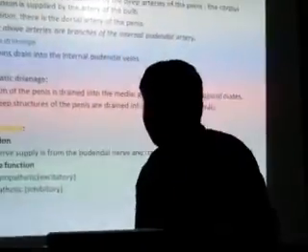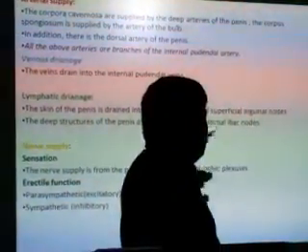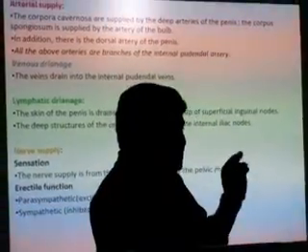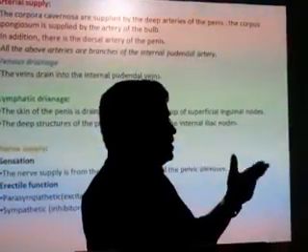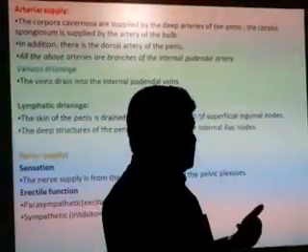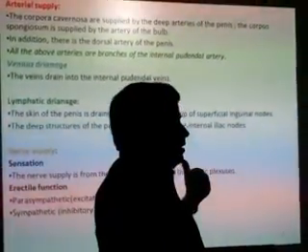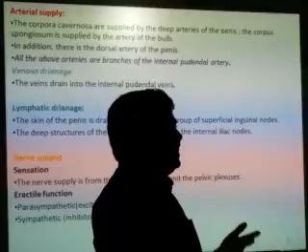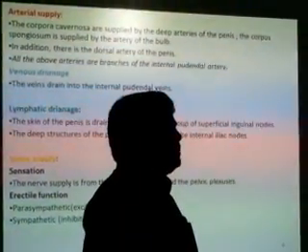And the lymphatic drainage is important here, especially as this is the copulatory organ. Any sexually transmitted disease will pass through the penis. Whenever the penis is involved in a sexually transmitted disease like gonorrhea and syphilis, these lymph nodes get enlarged.